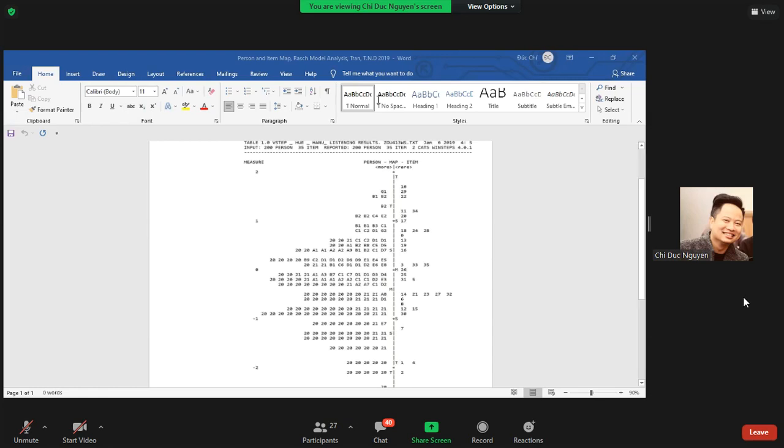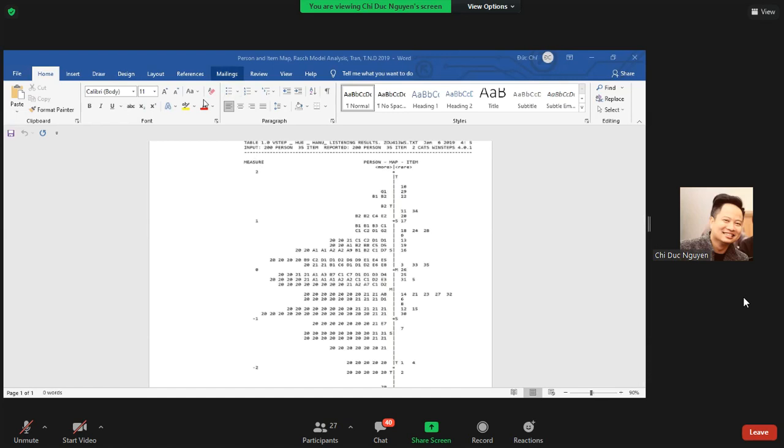After studying this person and item map for a while, can you please tell me whether this test is suitable or appropriate in terms of difficulty level? This V-STEP is for levels 3, 4, and 5.